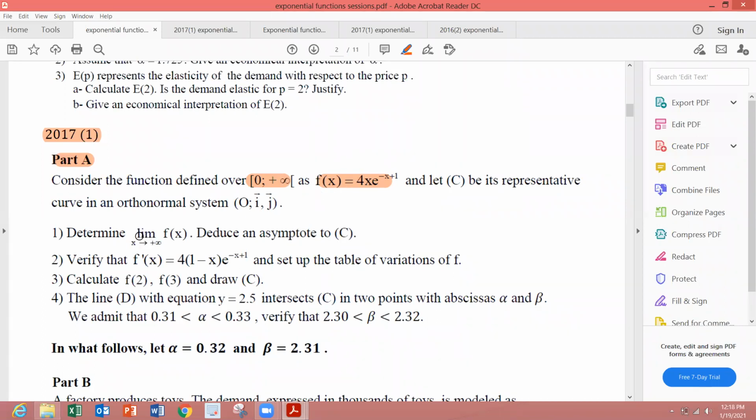Calculate the limit as x tends to plus infinity. How much is the limit as x tends to plus infinity? It gives infinity times 0.